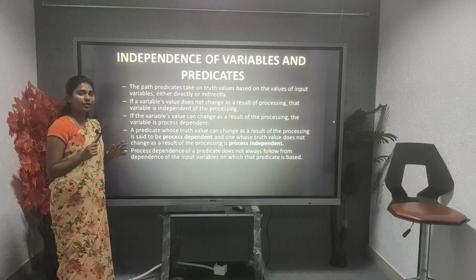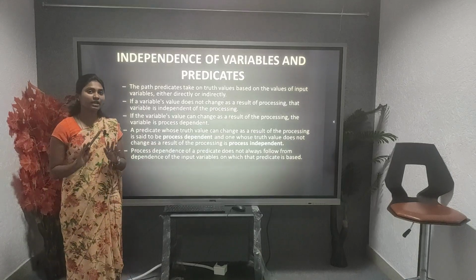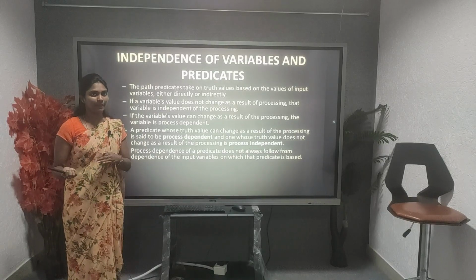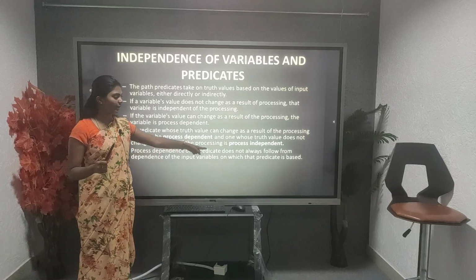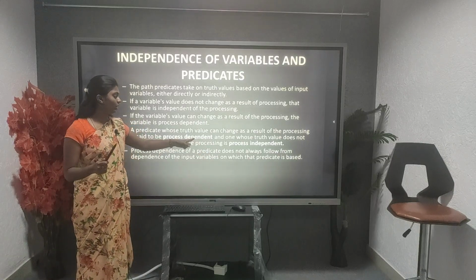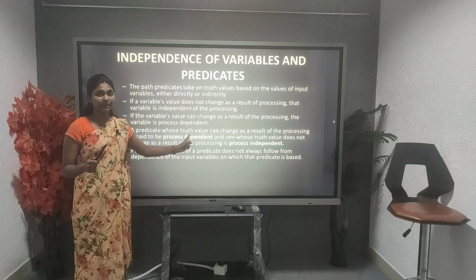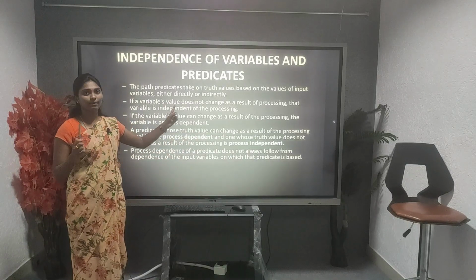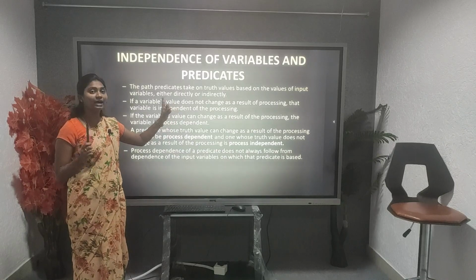An independent variable is not accessed more, but we will access a dependent variable more to form an independent one, because we have to remove the truth behind the input.